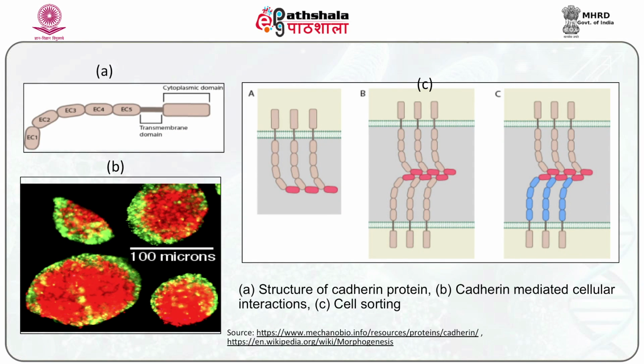Based on the specific structural features, cadherins are also classified as type 1, type 2 and type 3 or atypical cadherins. The type 1 and 3 cadherins are found only in vertebrates and ascidians.